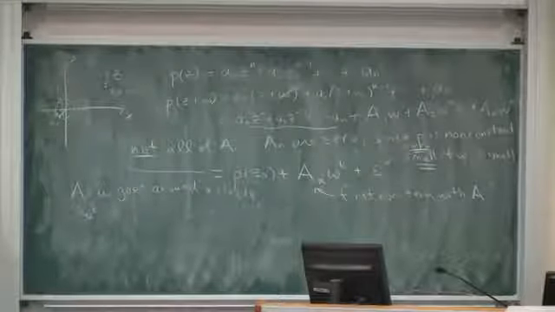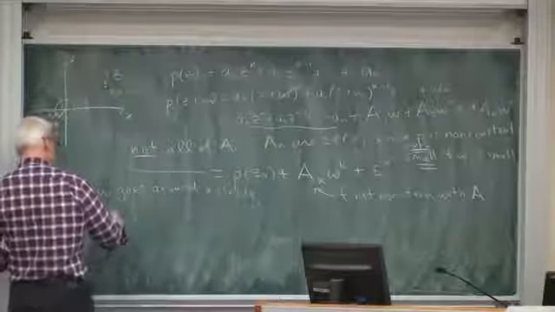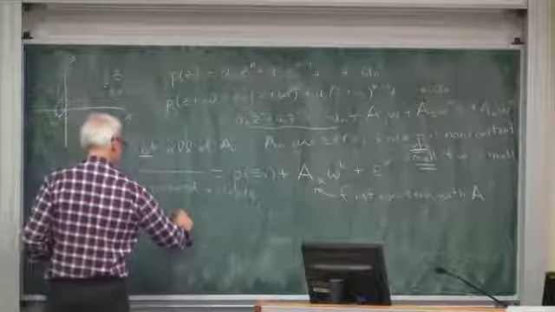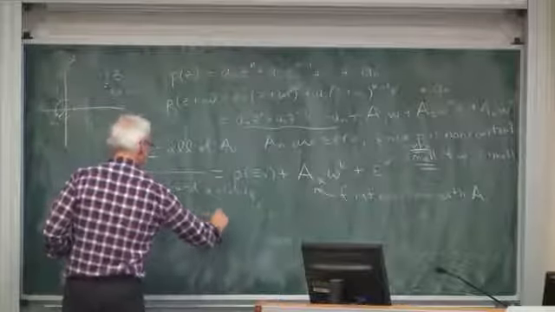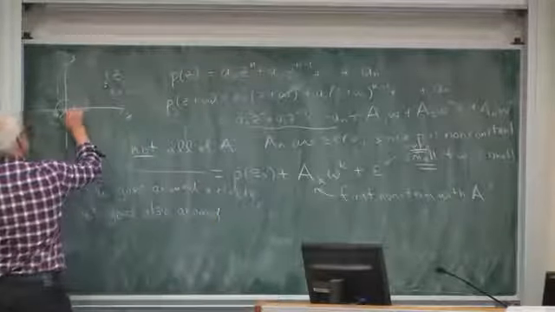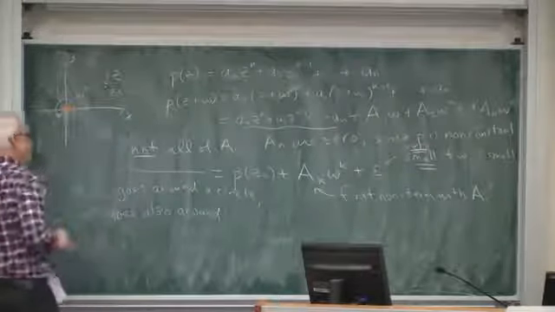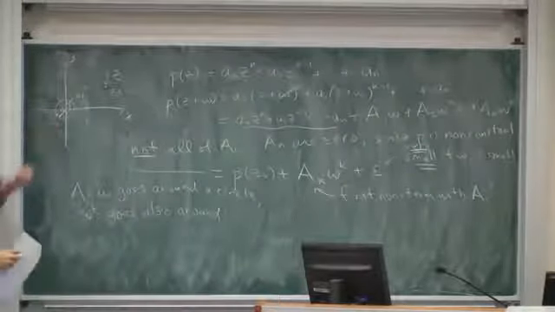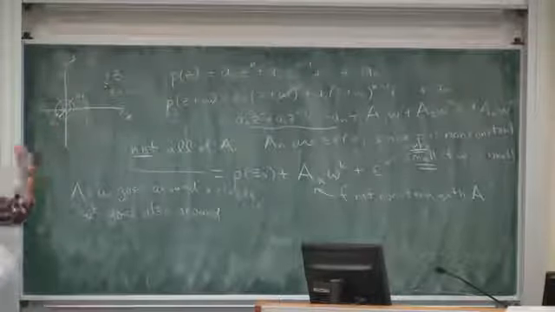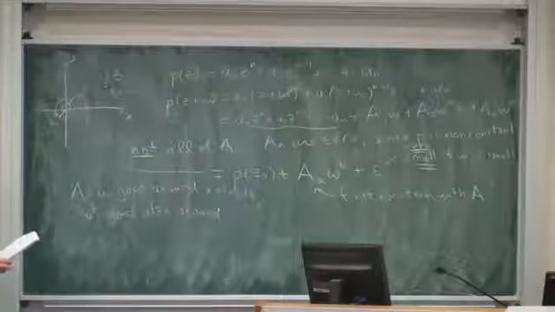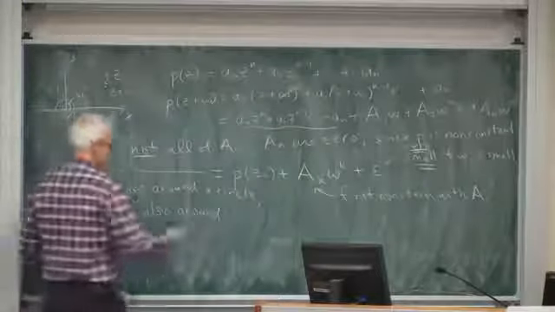In fact, it goes around a circle k times. When I'm saying a circle, I mean w to the k would probably be going around a circle like that. But I'm going around k times for every once that w goes around, because of the way the angles add when we multiply complex numbers. So w to the k goes also around k times.